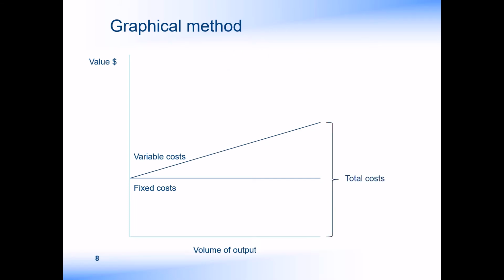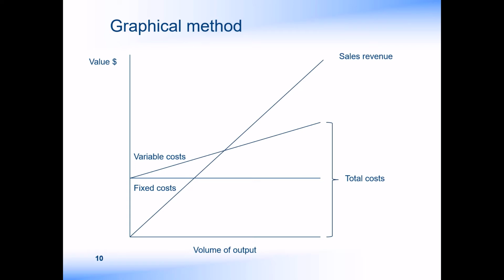Now let's add the revenue line. This begins at point 0 and again rises in a straight line as each unit sells for the same price. We can see that the sales revenue line cuts the total cost line as the number of units sold increases.